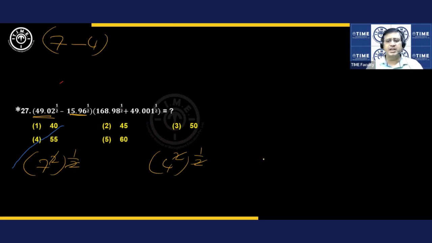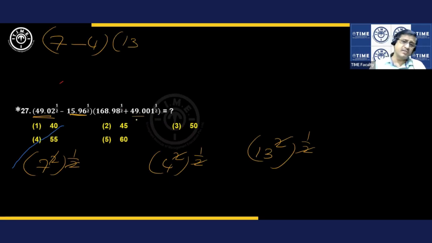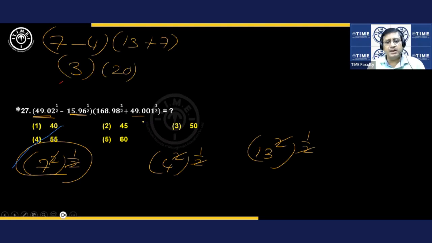Look at the second part. 169 means it is 13 square. 13 square whole power 1/2, 13. 49 means that is 7 square. 7 square whole power 1/2, that is 7. Now simplify. 3 is the first part. 20 is the second part. The product of these two is the answer. Right choice, option number 5. Fifth choice is the correct answer.